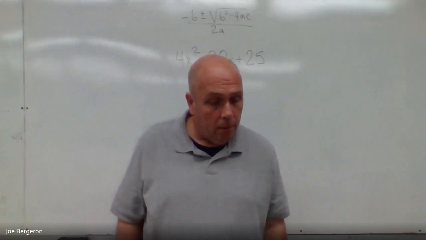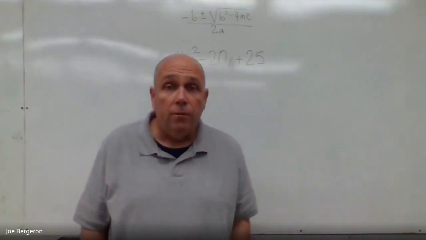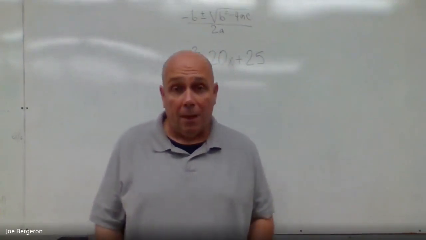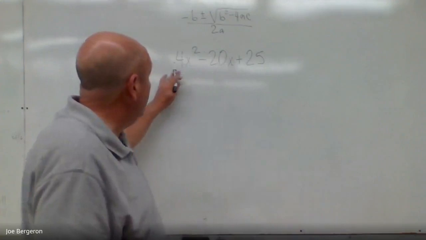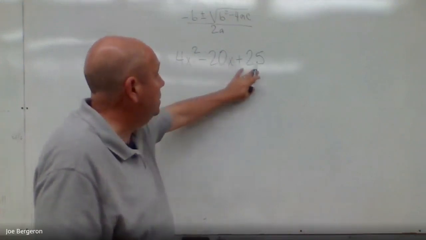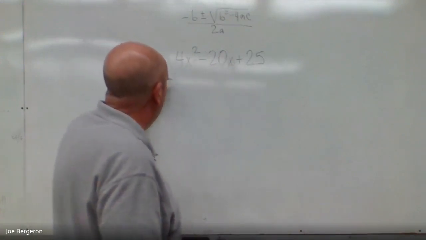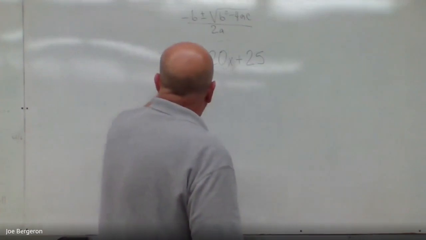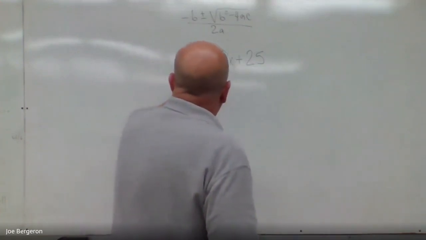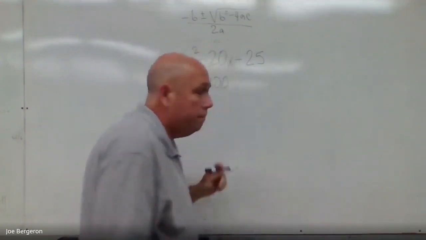And what we'll do first is multiply the leading coefficient times the C. So 4 times 25 equals 100.